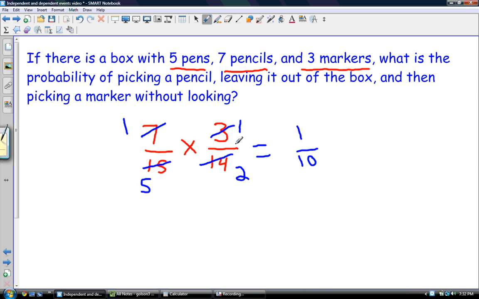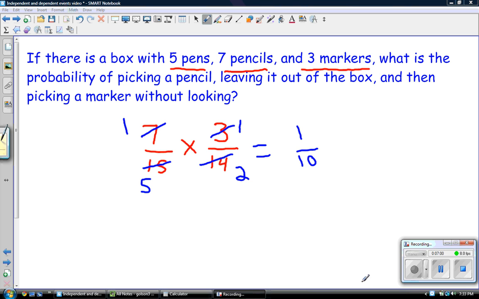The second time I would have assumed one of those pencils was gone, so I would have 6 left out of the 14 left in there. So it's really important, especially in dependent events, that you have your favorable outcomes and your total outcomes correct for that second probability. But in both cases, you just multiply the probabilities to get your total probability.